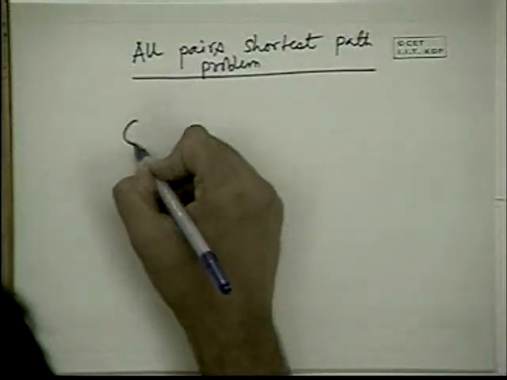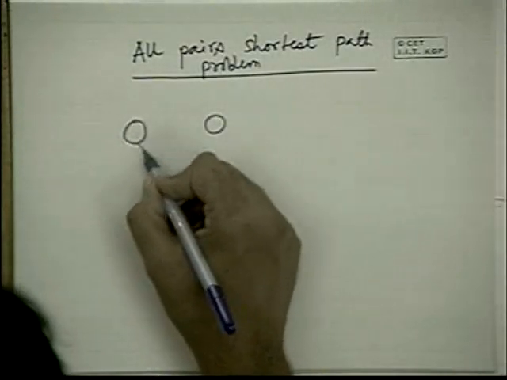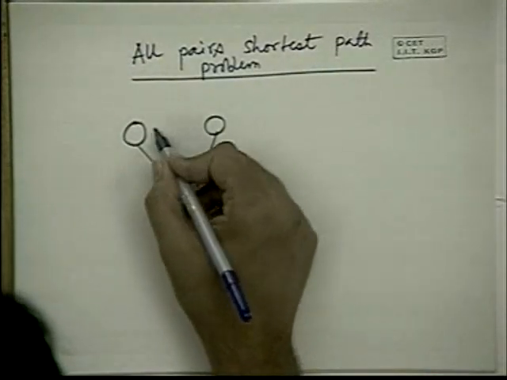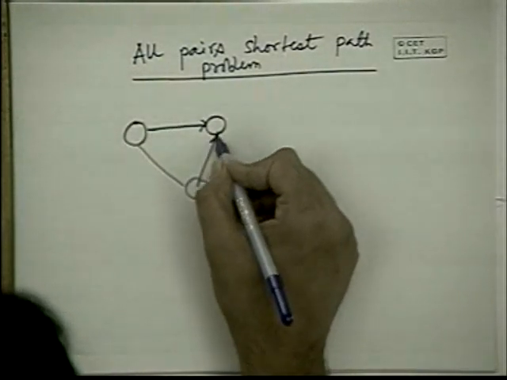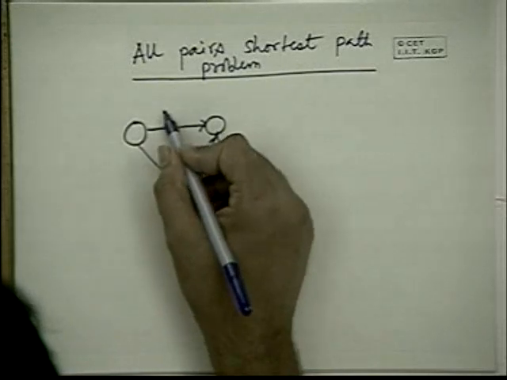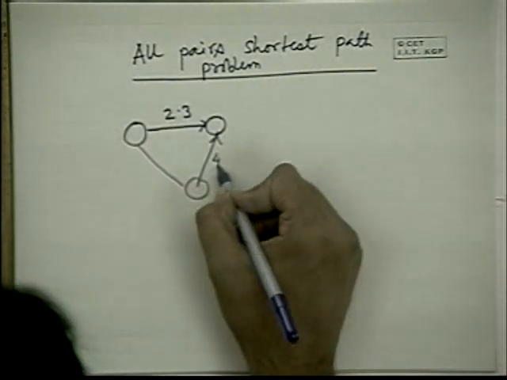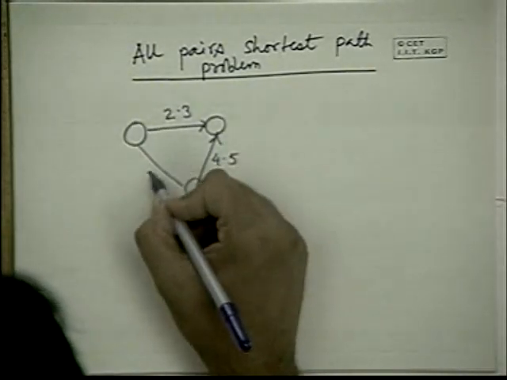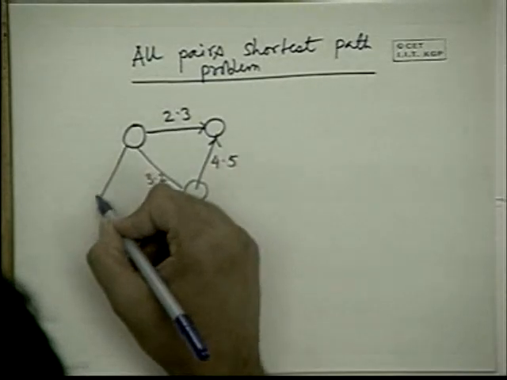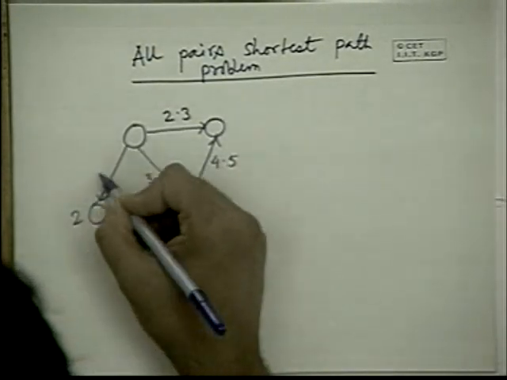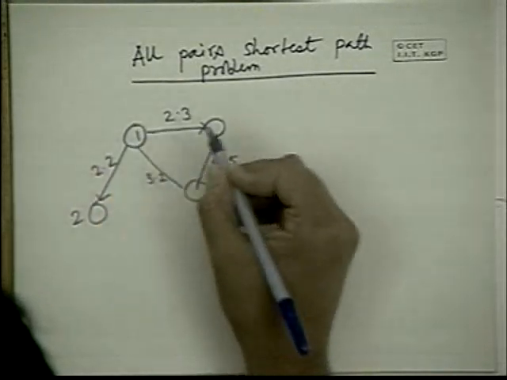So I am assuming this time the representation of the graph is by a matrix. Let us take an input graph, say this is the graph, with edge weights 2.2, 3.2, 2.3 and 4.5. I am just taking a directed graph this time.